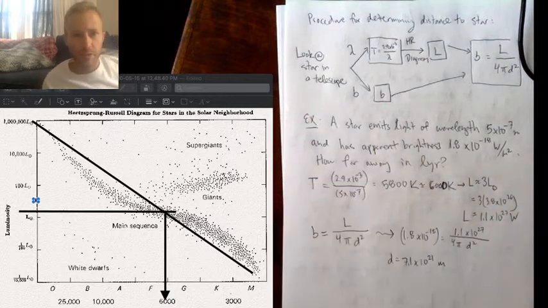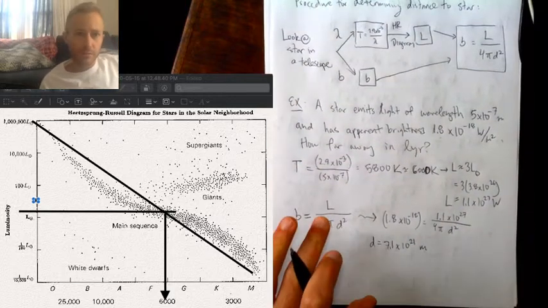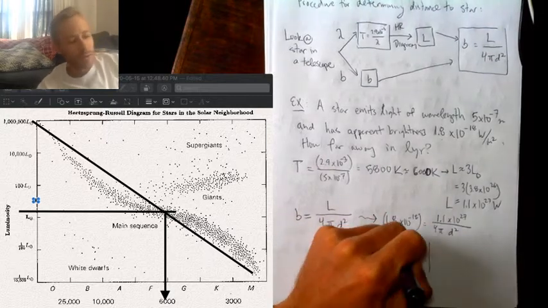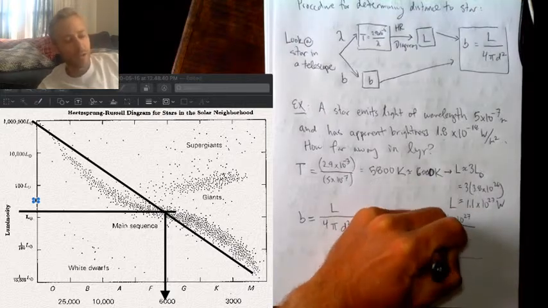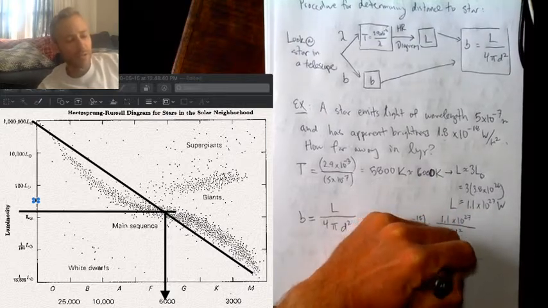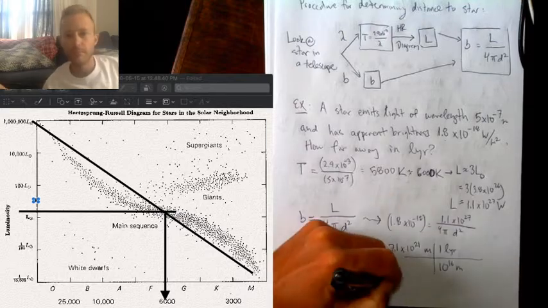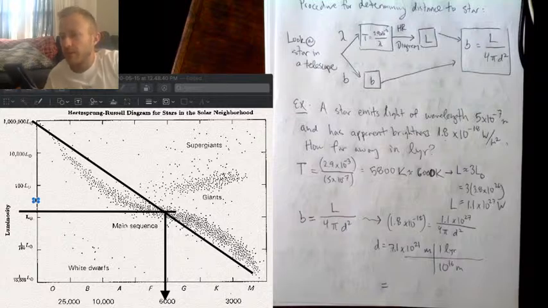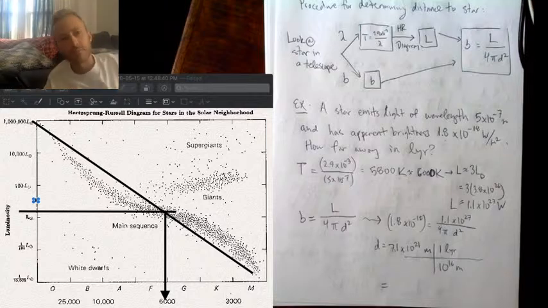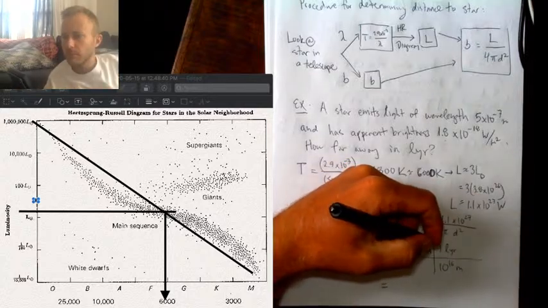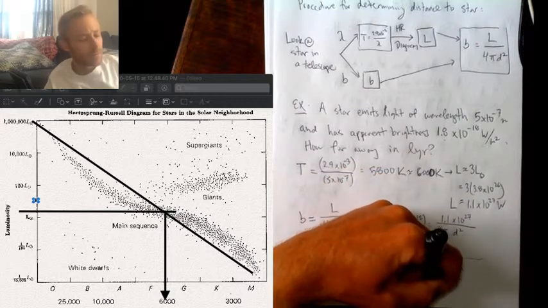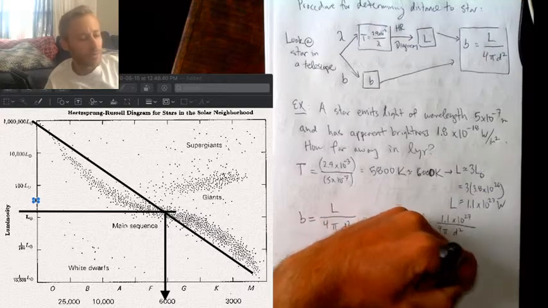And if you watched yesterday's lesson, the SL 514 lesson, then you know that 1 light year is 10 to the 16th meters. So I divide that by 10 to the 16th, and I get 700,000 light years away.